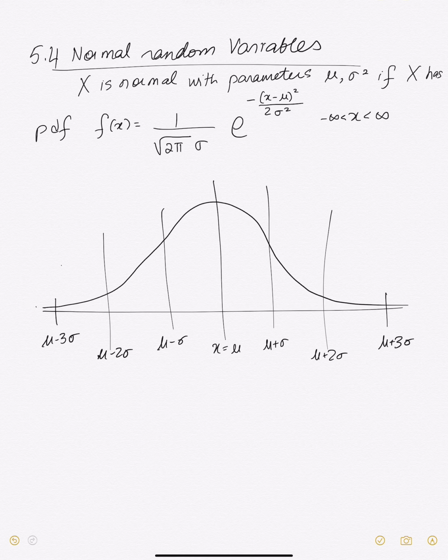You can also write X is normal, mean mu, variance sigma squared. That's a shorthand notation, though it's not used in this book.